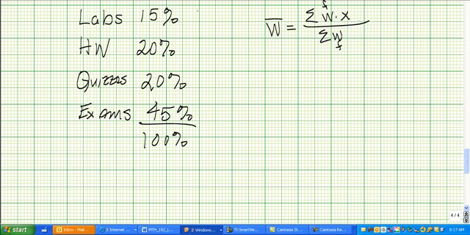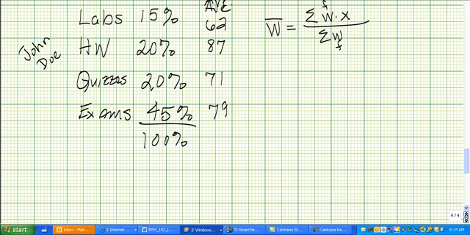Let's give some averages for a student. Let's say this is John Doe, seems to be the one that is often used, and John Doe forgot to do a couple labs, so he only got a 62 on the labs, homework 87, quizzes a 71, and the exams a 79 average.